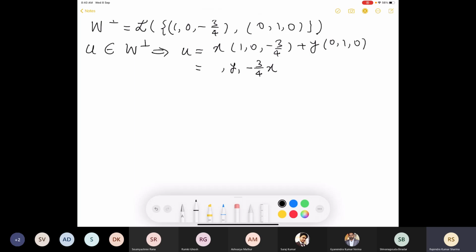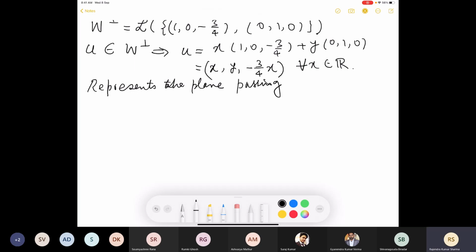So this is x, and this is for every x in R. So this represents a plane. Now this W orthogonal represents a plane. So what is this plane?